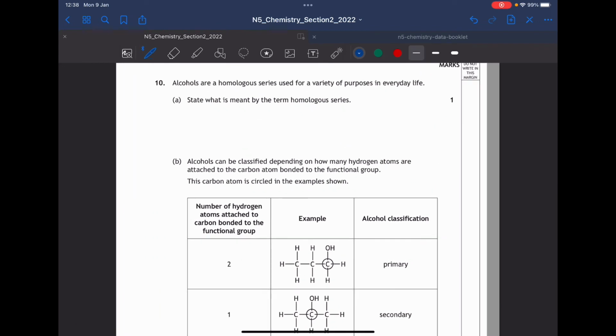So question 10. Alcohols are a homologous series used for a variety of purposes in everyday life. State what's meant by the term homologous series. So another textbook definition, one that can be put on a flashcard. Homologous series is a family or a group of molecules, you can call it either or.